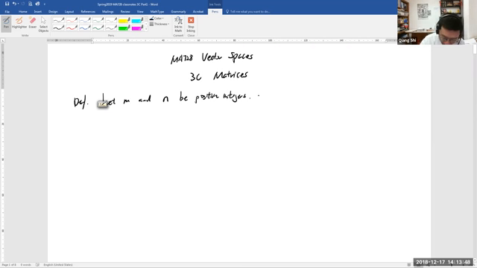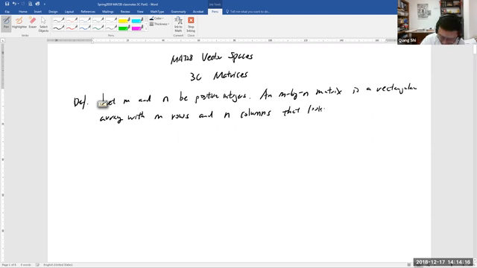An m by n matrix is a rectangular array with m rows and n columns that looks like the following matrix notation here.